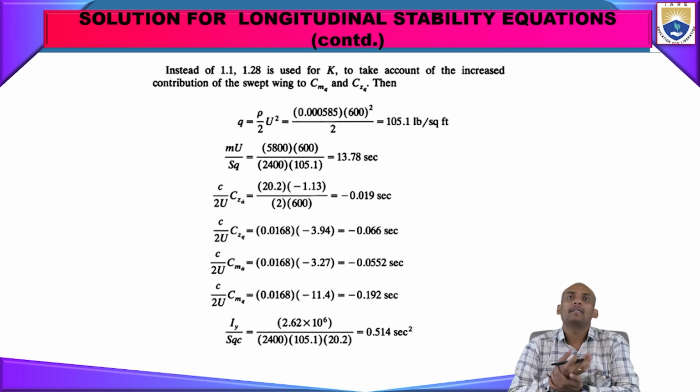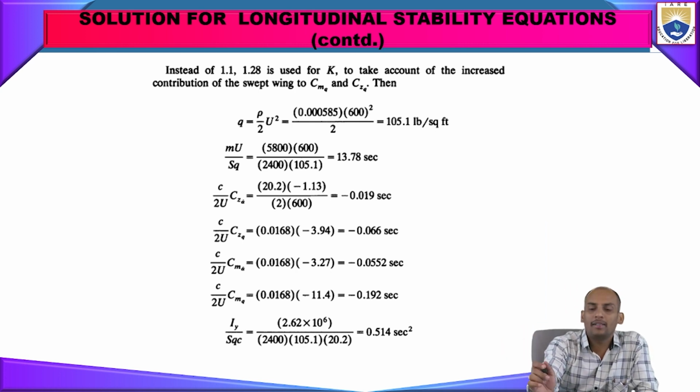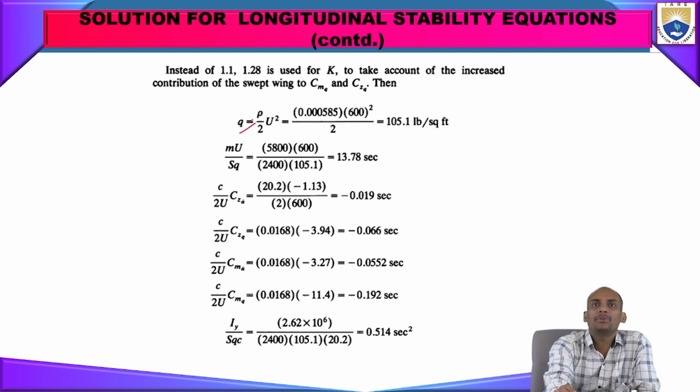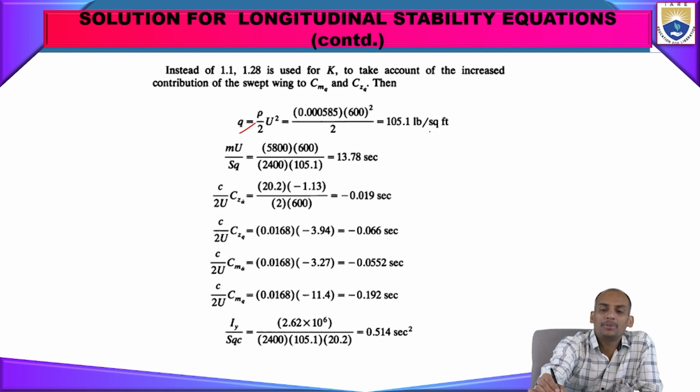Then if you substitute the values in the required equations, q is the dynamic pressure, that is half rho u square, and rho value is 0.20585 pound per feet cube, and u is 600 feet per second. If you substitute those values, we get the dynamic pressure.